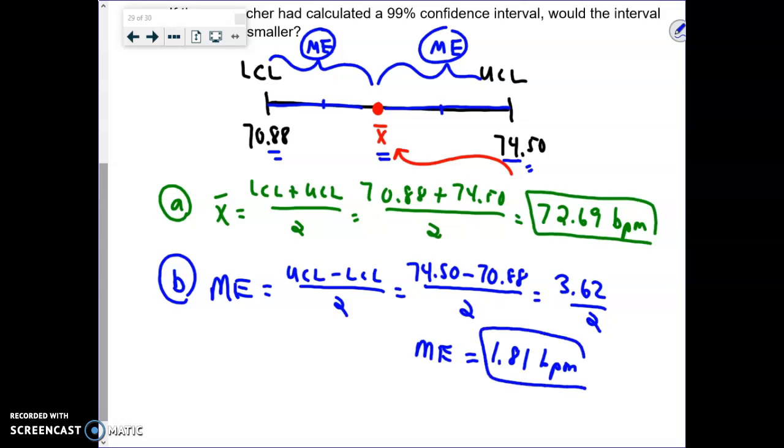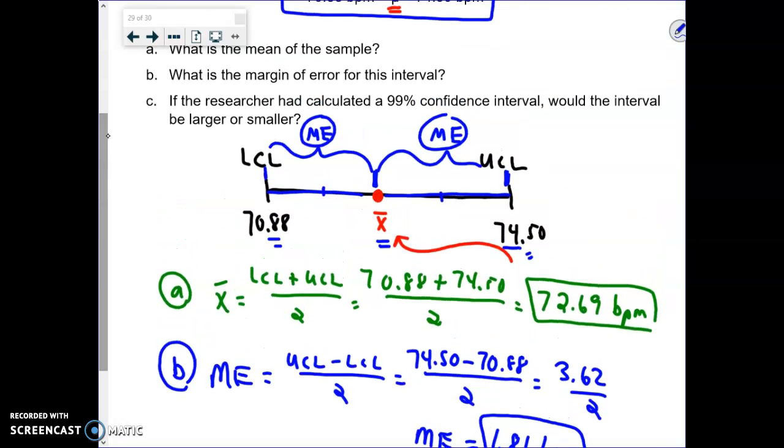Okay? So again, what is that? That's the distance from here to your upper limit, or the distance from your mean to your lower limit. And then finally, this goes back to what we learned on question number 3. If the researcher had selected a 99% confidence interval, would the interval be larger or smaller? Well, we are going from a 95% confidence interval to a 99%.